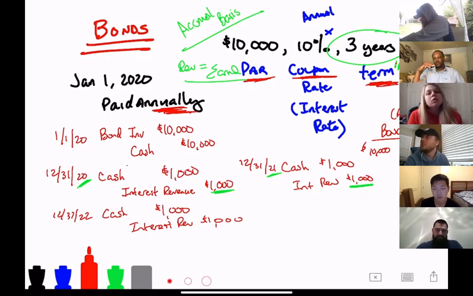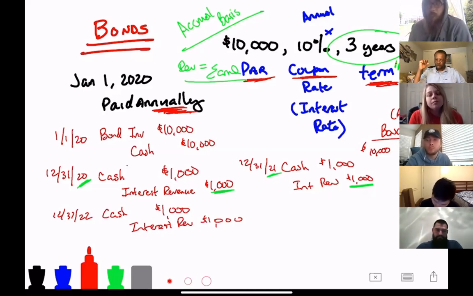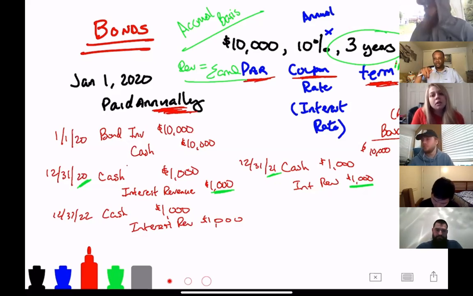But something else is going to happen at the end of 2022. What is that? We get our money back. In addition to earning interest, we get the principal back. Yeah, we're going to get our par value back.